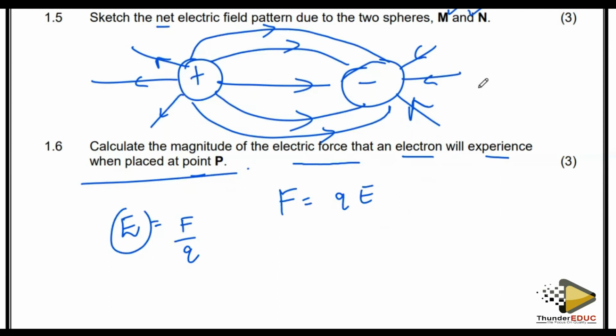So I'll get my net, which was 2 times 10 to the 5, and then I'm just going to multiply it by the charge of an electron, which is 1.6. And just confirm.